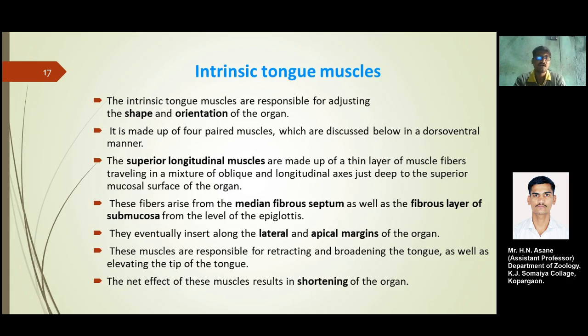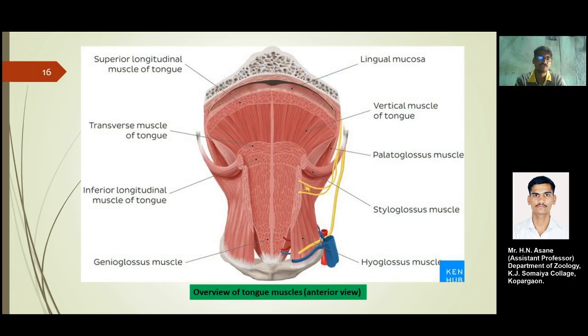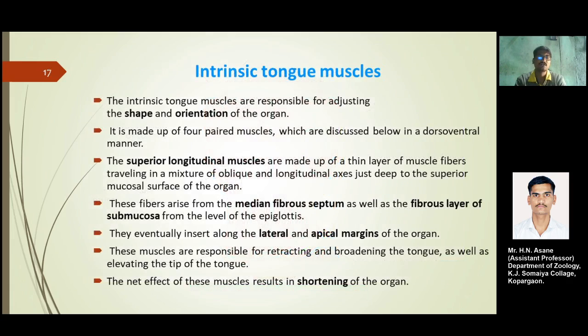Okay, these are made up of a thin layer of muscle fibers, the superior longitudinal muscles. As you can see, with the lingual mucosa layer on the upper side. The superior longitudinal muscles of the tongue are made up of a thin layer of muscle fibers travelling in a mixture of oblique and longitudinal axes, just deep to the superior mucosal surface of that organ.